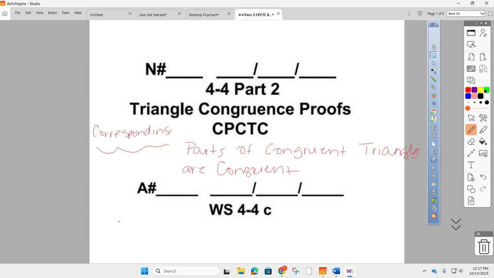So, corresponding parts of congruent triangles are congruent. I want you to underline the letters and act like I'm underlining: C, P, C, T, C. Corresponding parts of congruent triangles are congruent. And the shortcut is CPCTC.